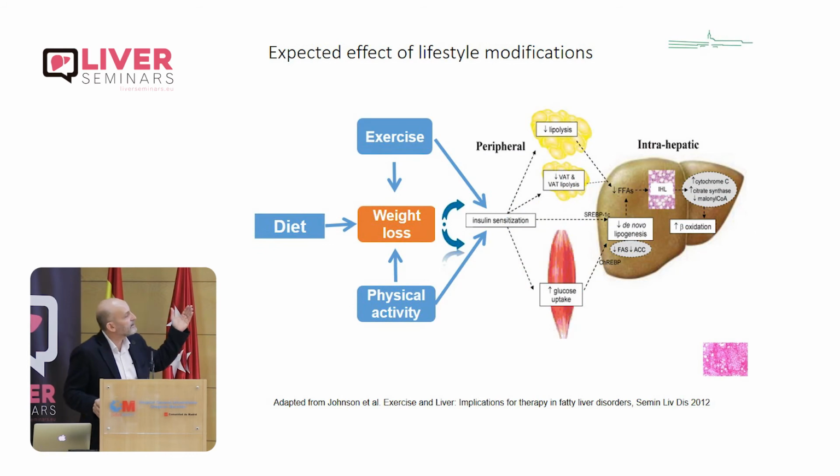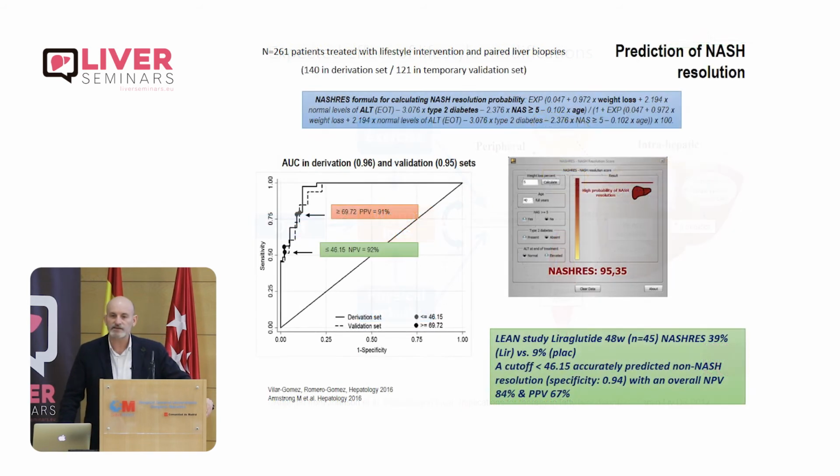Weight loss is clearly associated with improvement of insulin sensitization, decreasing lipolysis, decreasing visceral adipose tissue, increasing glucose uptake, decreasing de novo lipogenesis, and improving all the pathophysiology of this disease. In this study, we also developed a NASH resolution calculator.